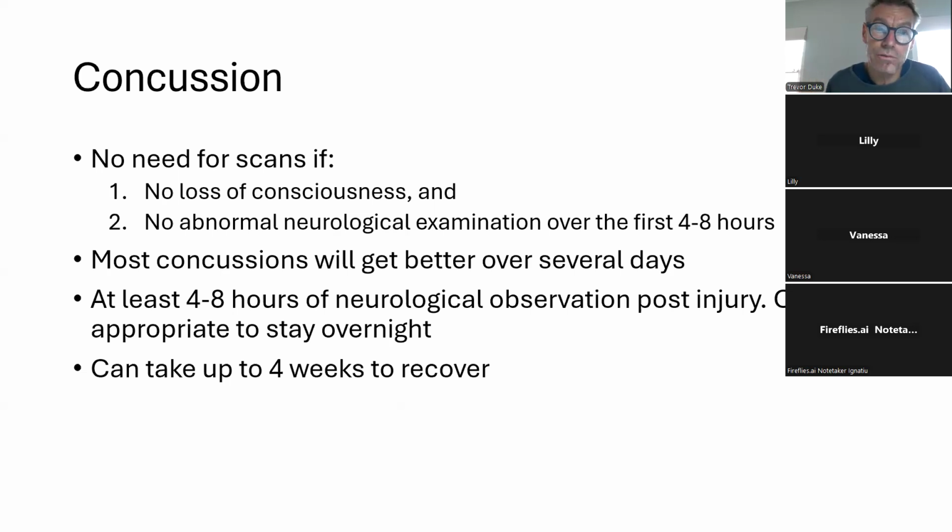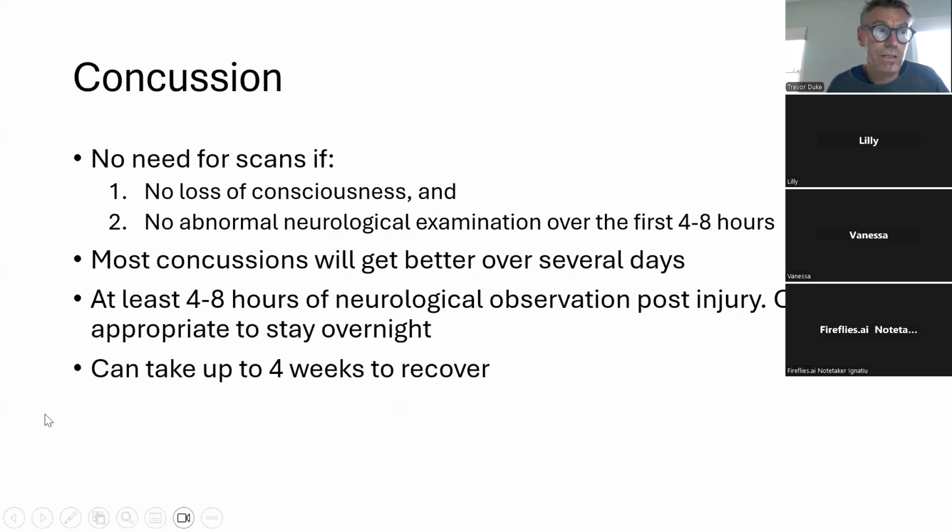I often observe them over a 24-hour period, and if no neurological abnormalities occur in that period, then they're usually pretty safe to go home. Most concussions will get better over a few days. They'll just sleep it off, but often they can take up to 4 to 6 weeks to recover, and you need to tell parents that.